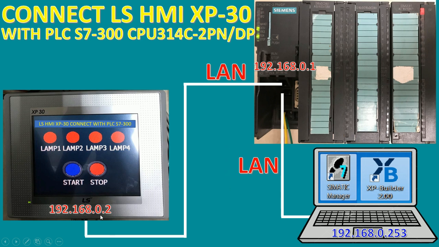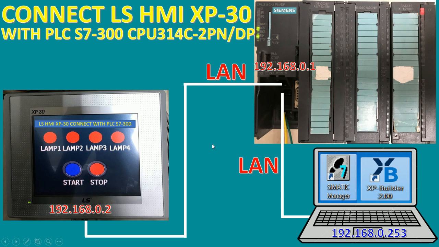And here is the IP address of the HMI and here is the IP address of the PLC, and we need to put the IP address of our computer. So these IP addresses are in the same range, so we can ping from our PC to the PLC and also can ping from the PLC to the HMI.